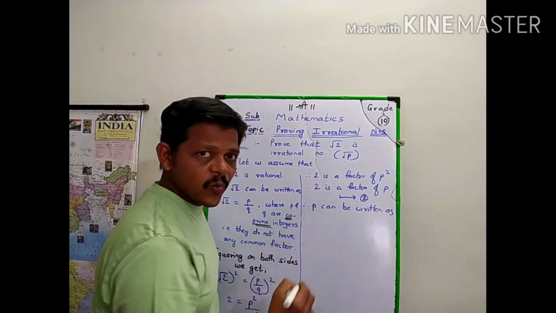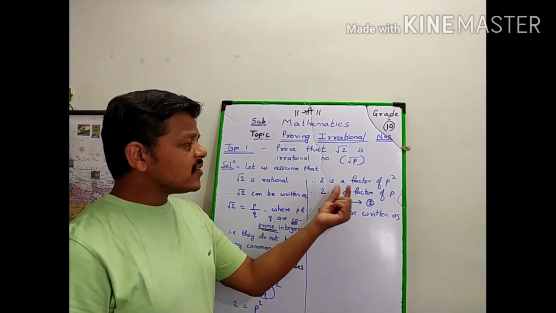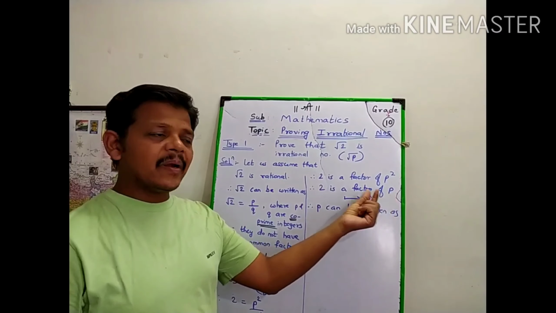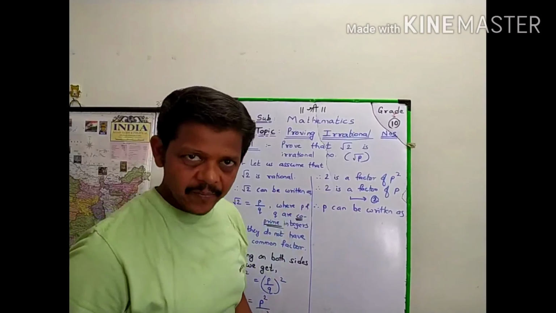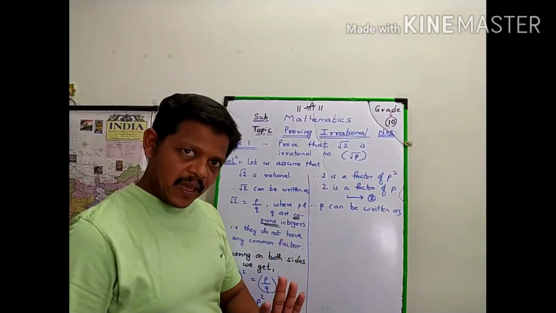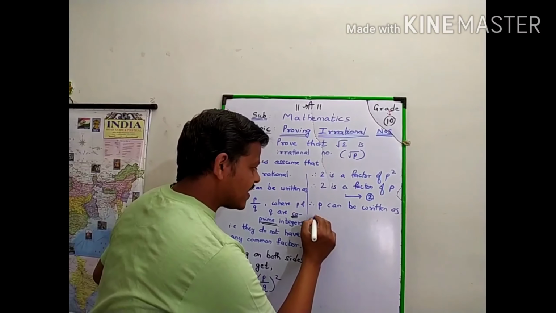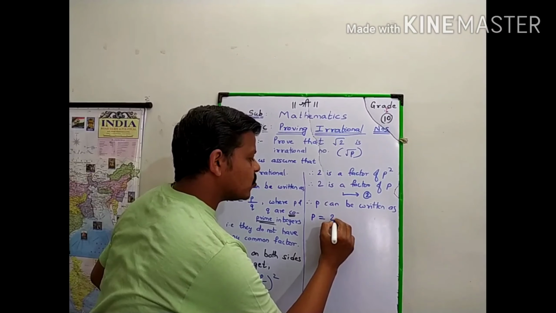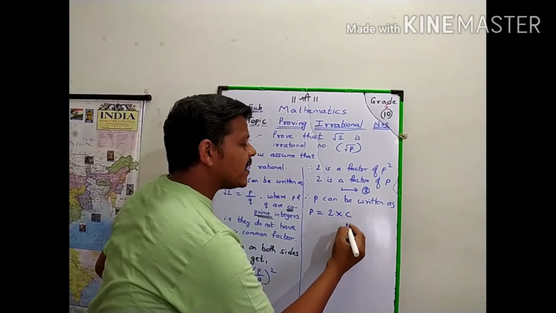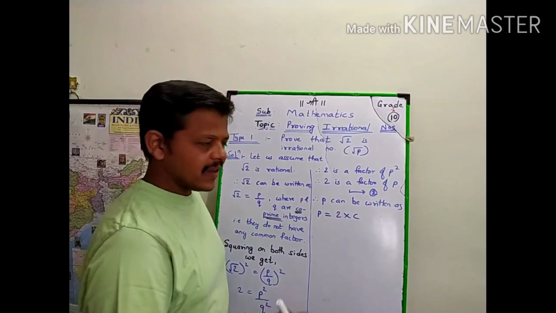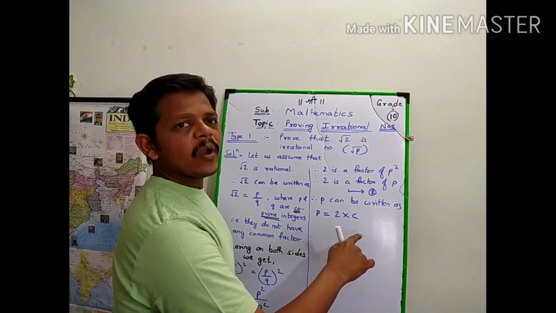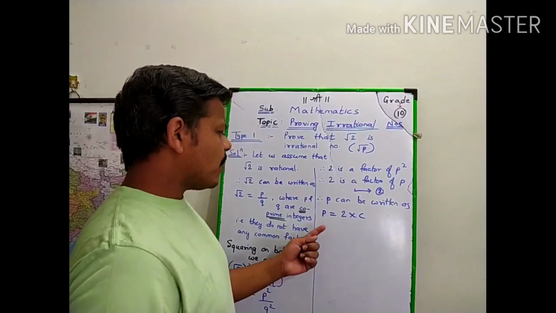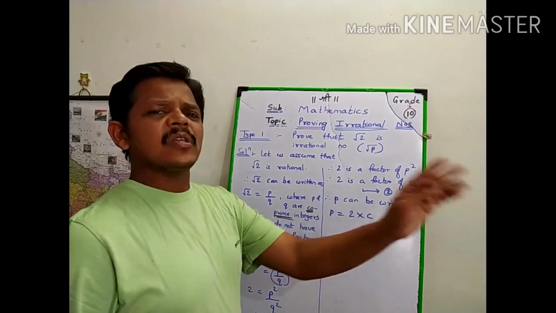Children, understand this very, very nicely. 2 is a factor of 10. 10 can be written as 2 into something, 2 into 5. So 2 is a factor of p. So p can be written as p is equal to 2 into some integer c. Correct? 10 is equal to 2 into some other number 5. So p is equal to 2 into some other integer c.